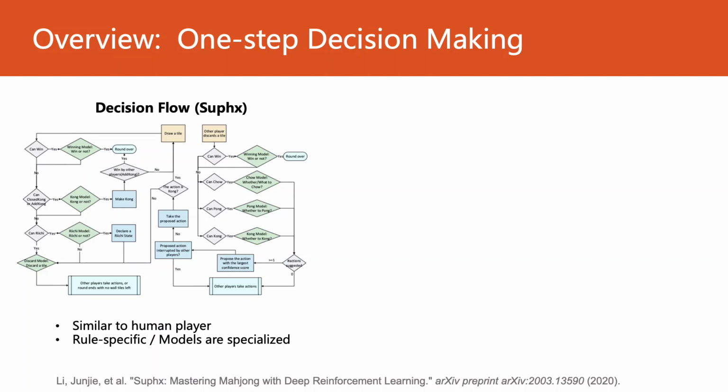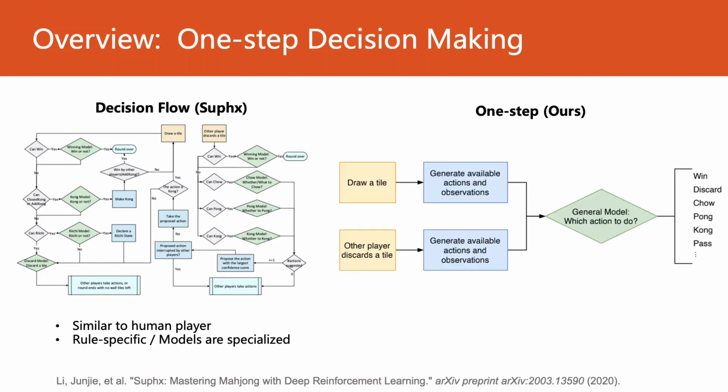This kind of method is straightforward because it is similar to the way that human players make decisions. However, it's not the most suitable way for a general Mahjong AI system because the decision flow is rule-specific and each model is specialized to only one action. If we change to a new Mahjong rule, we need to change our decision flow, and we need to train many different models, which is not very convenient.